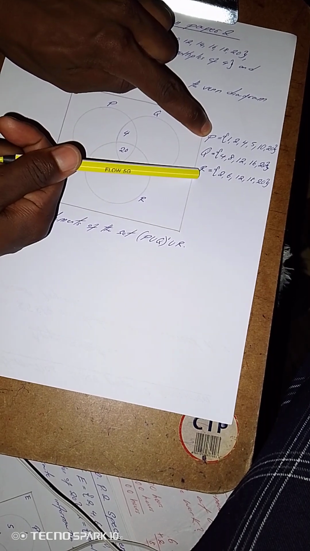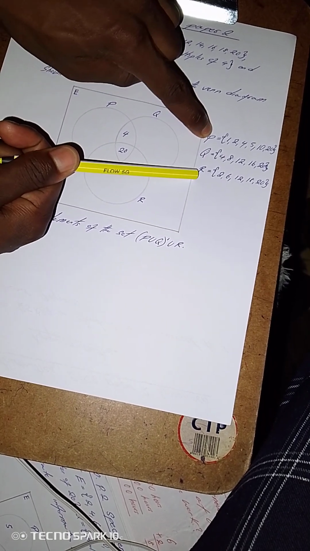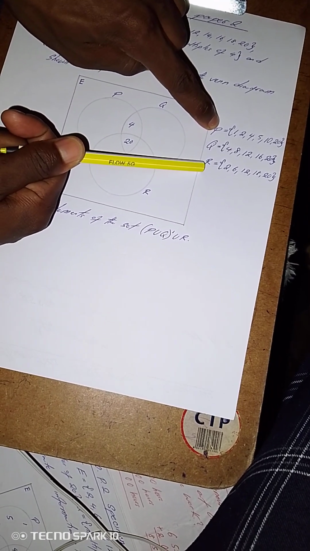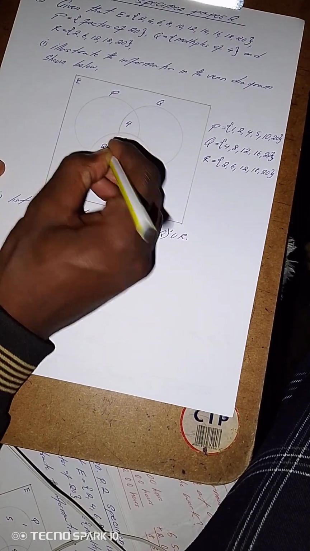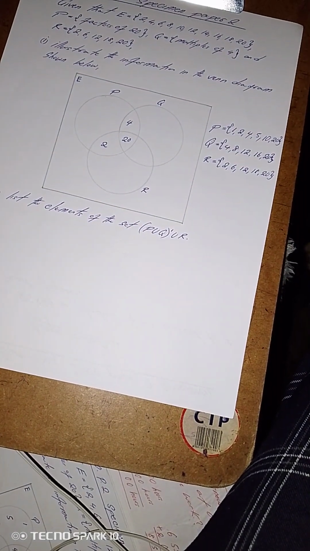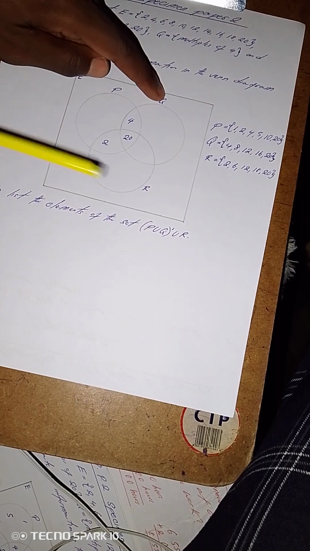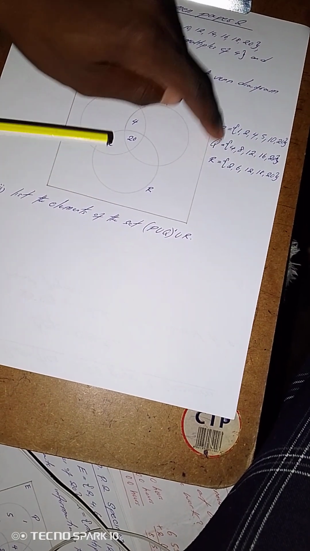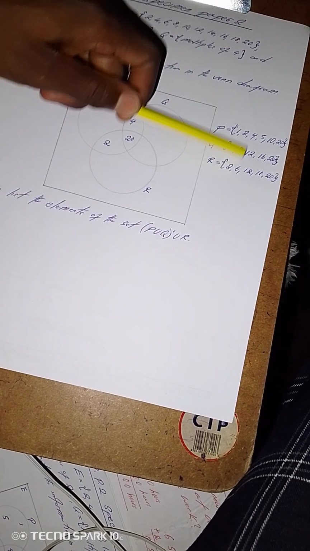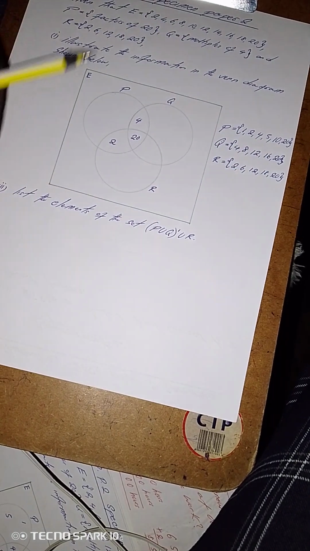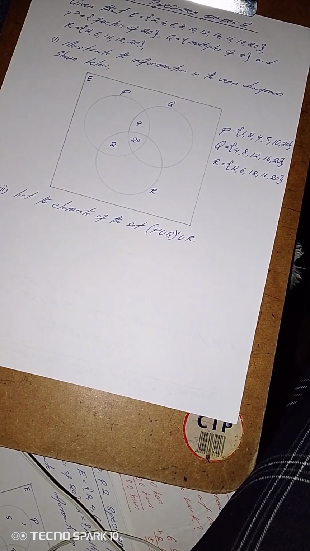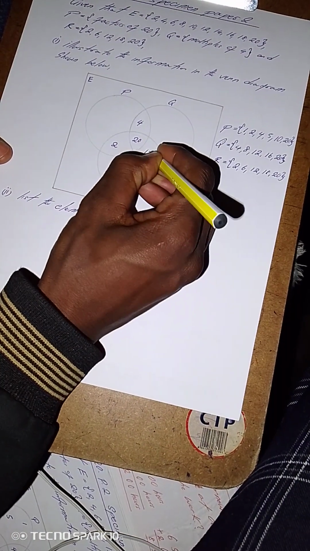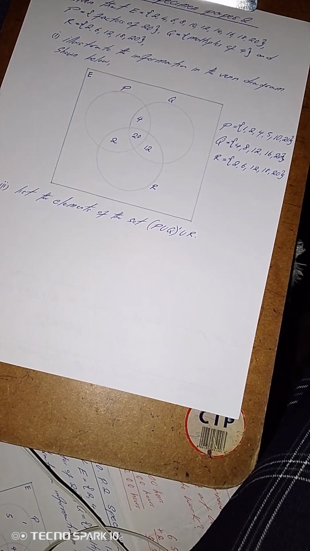You check which element is found in these 2 sets. The element is 2, so we put 2 here. I hope you are following. The other one is QR. Here we have this one and this one, which is 12. Like that. Have you seen?